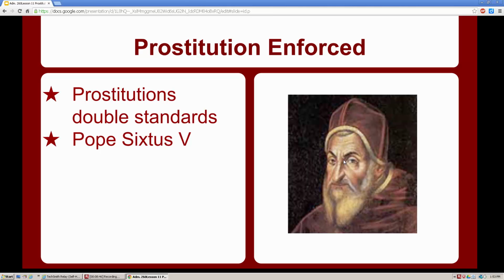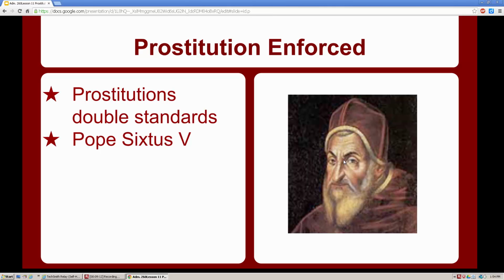You had Pope Sixtus V, and this is a classic example of prostitution's double standards. Because the Catholic Church was so powerful at the time, you had the Inquisition going on, and he ended up reinstituting a heavy ban on prostitution.